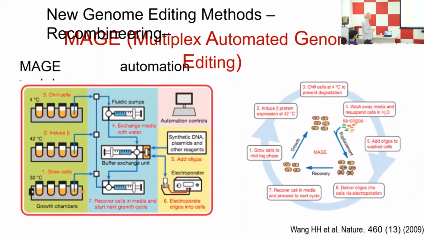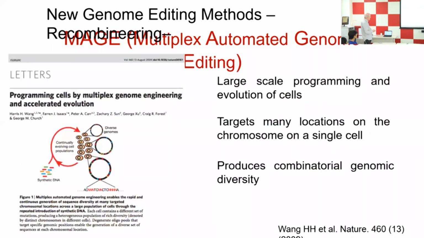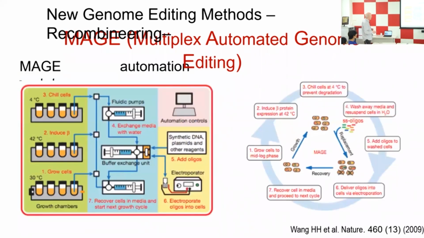so in this case, what we have here is that the population of cells, instead of being transformed with just one oligo, is transformed simultaneously with many mutagenic oligos, okay? Like here.